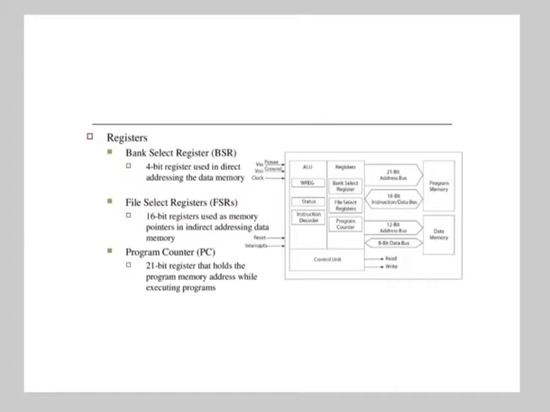So bank select register consists of a 4-bit register which is used in direct addressing of the data memory. File select register has a 16-bit register used as a memory pointer in indirect addressing of data memory, and program counter has a 21-bit register which holds the program memory address value of the executing instruction.